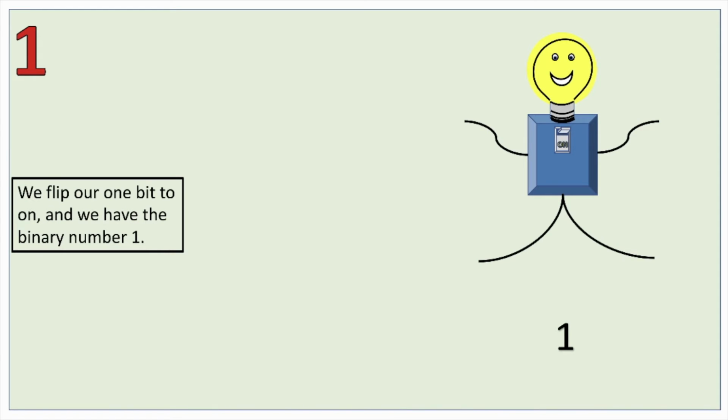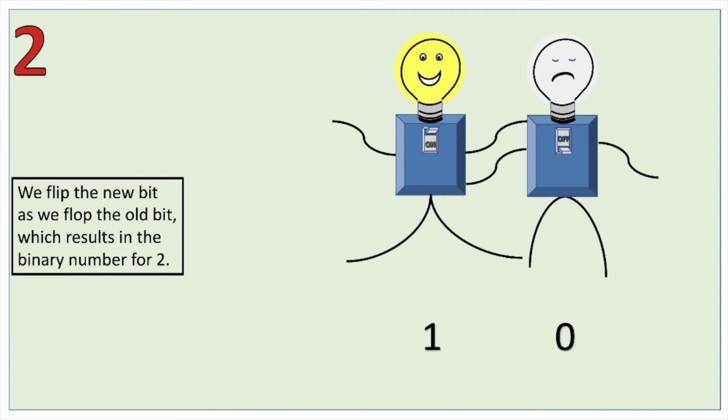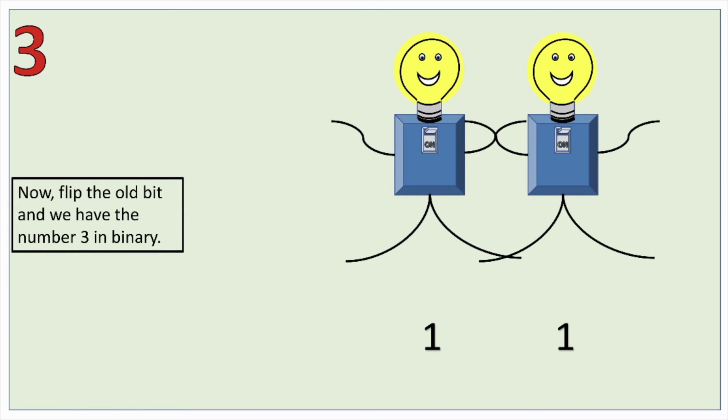We flip our 1 bit to on and we have the binary number 1. We call over an off bit to link with our on bit. We flip the new bit as we flop the old bit, which results in the binary number for 2. Now, flip the old bit and we have the number 3 in binary.